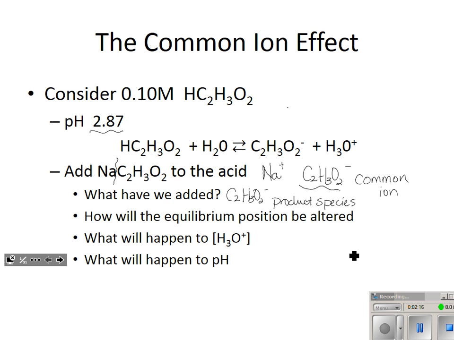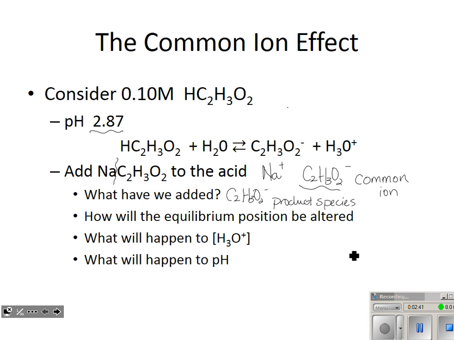According to Le Chatelier's principle, if we add products to a system that is already at equilibrium, it's going to use those products that we give it, which means the reaction is going to run in the reverse direction. By running in the reverse direction, it's using acetate and making acetic acid.